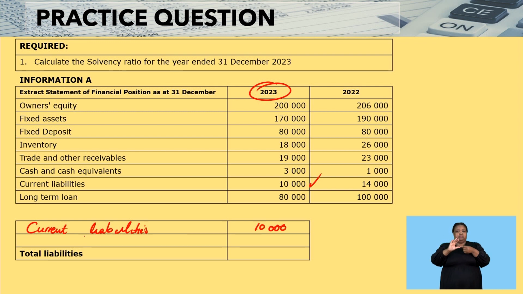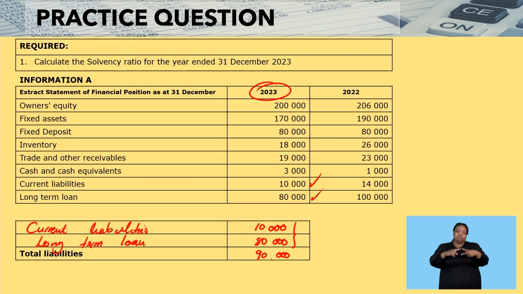And then I'll also get my long-term loan, my non-current liabilities. The long-term loan, remember, it is part of my non-current liabilities, and that gives you 80,000. If I add these two, I'll end up with 90,000.